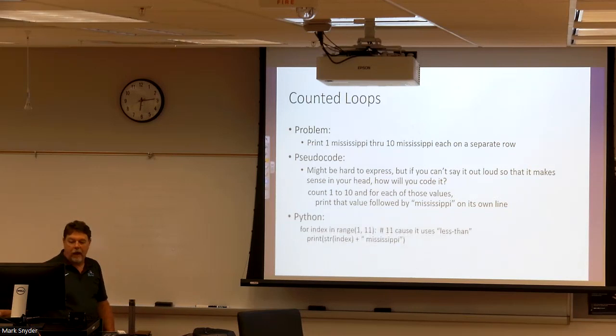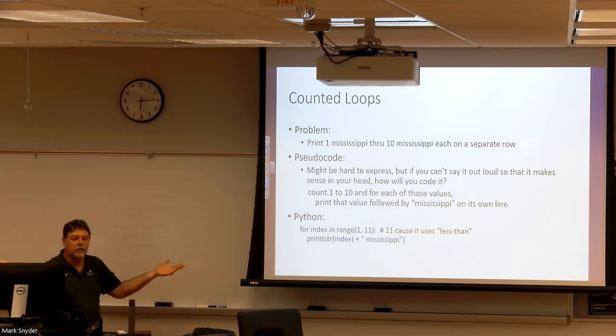Here's the Python for that. Those of you that have done the previous example, you're getting comfortable with this already. For index is the name of our variable. And there's one of those range functions. So I'm creating a range of values from 1 to 11. Remember, I say 11 because I have to make it one more than where I want to stop, because the logic inside this range function uses less than, not less than or equal to.